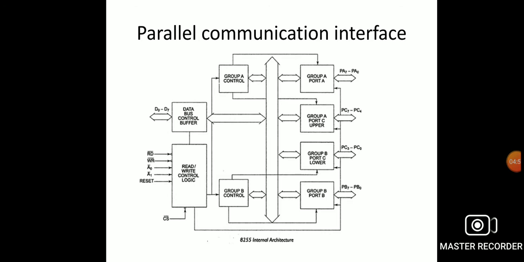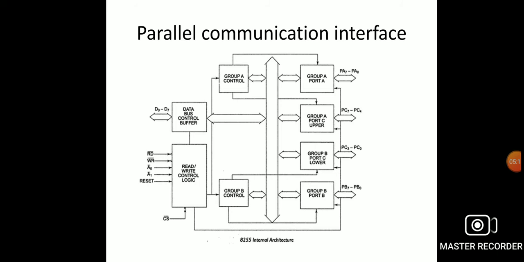This unit accepts the control signals, that is, read and write control signals, and also the input from the address bus, and issues the command to the individual group control blocks. Now the group A and group B control blocks receive the control from the CPU and issue the command to the respective ports.